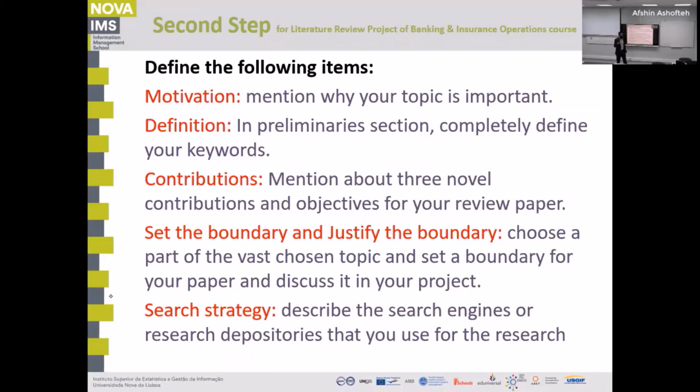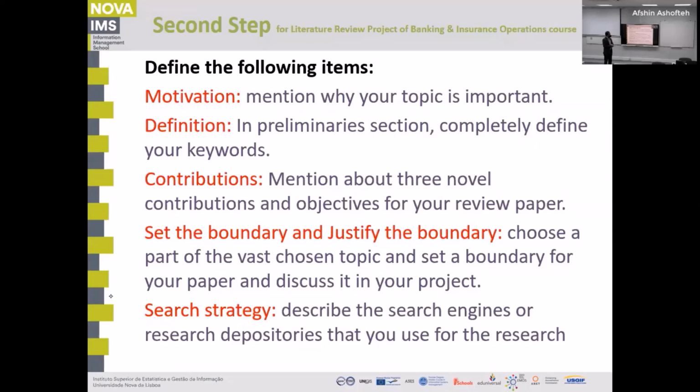But actually, it's not the case in scientific papers, because if something is very clear, it's very clear for you. It's very clear for the specialists in that area. And maybe I, as someone who is interested in this topic but has no knowledge about it, want to read your paper. And I have to know the definition of the keywords that you use in your paper.